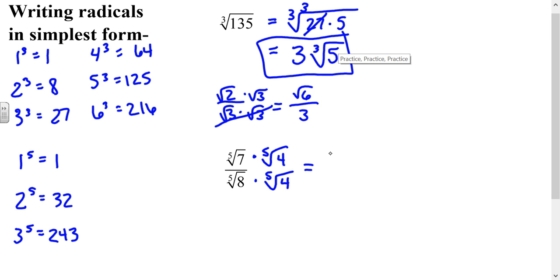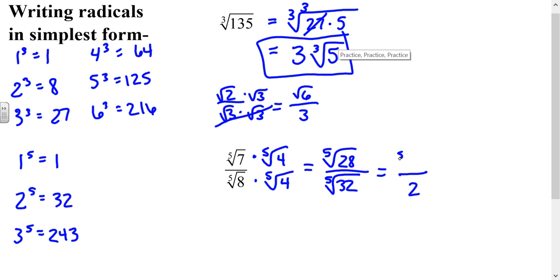So 7 times 4 would be 28, so I get the fifth root of 28 over the fifth root of 32. Well, 32 is a perfect fifth power, that's why I did this. So the fifth root of 32 is 2, and then I would just have the fifth root of 28 on top.